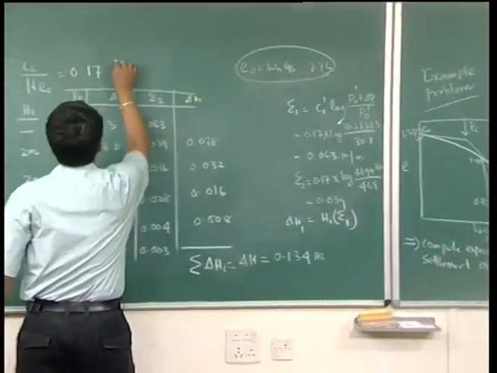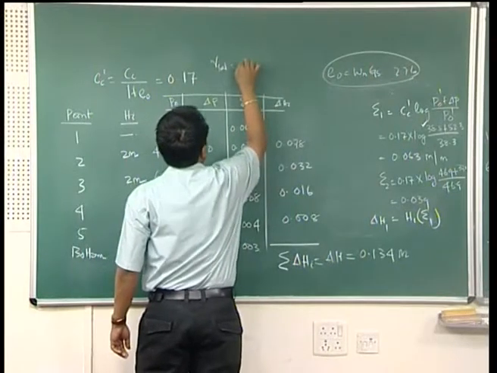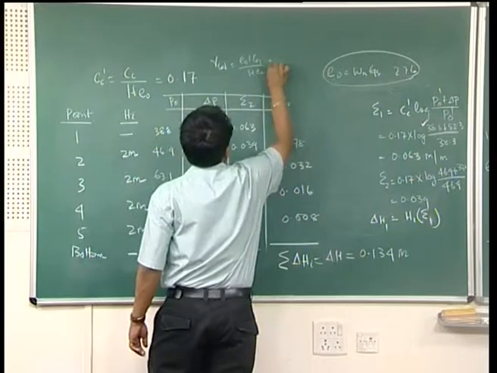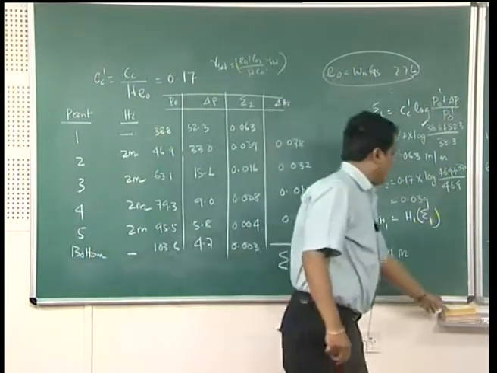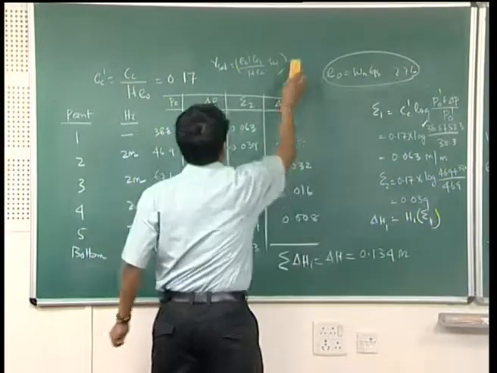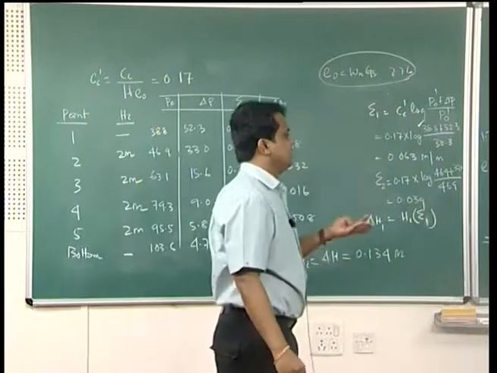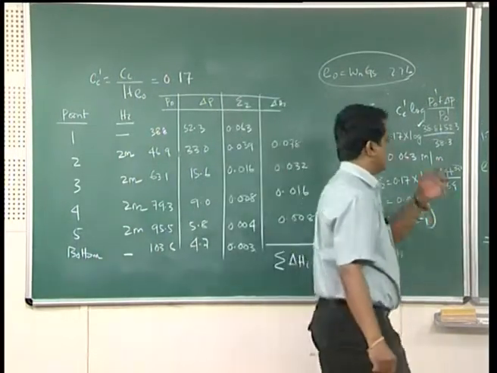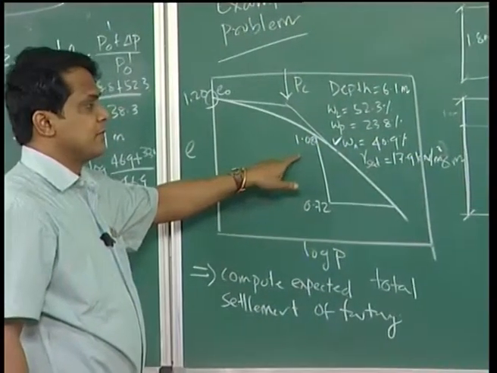Your gamma saturated is equal to (Gs plus e0) by (1 plus e0) into gamma W. This is your gamma saturated, you can calculate. Once you get gamma saturated, from e0, Gs, gamma saturated, whatever the available data from the consolidation test, and Cc, you can find out the consolidation.